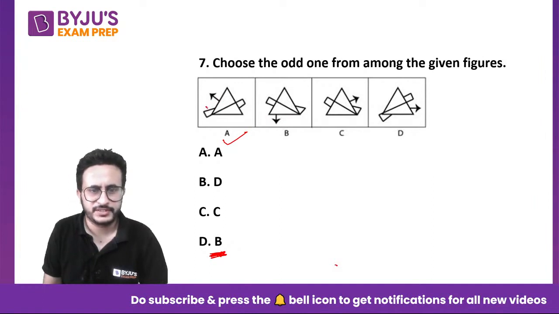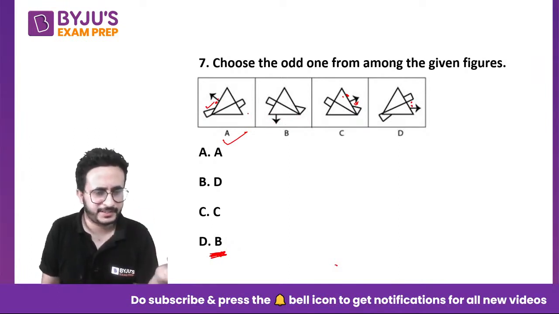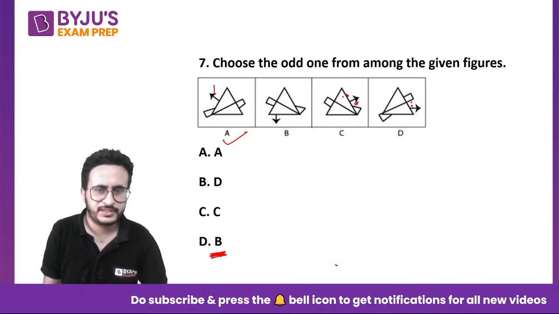So this arrow is with this side. In this one it is with the triangle, not with the quadrilateral. This is with the quadrilateral, the arrow. The three images are in three different directions. There are three additions to the triangle, right? So this is one side, second side, this side is completely empty.